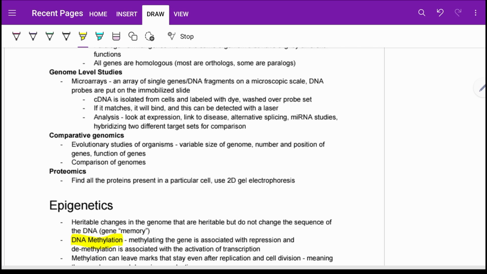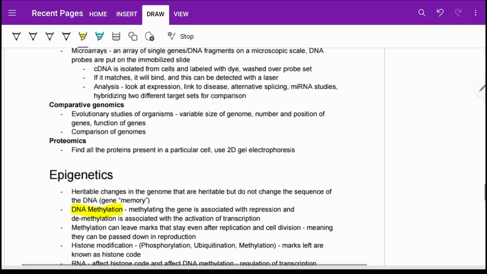We can compare it to another microarray that was washed with a different marker, and we can use that to look at things like alternative splicing, mRNA, and links to diseases.